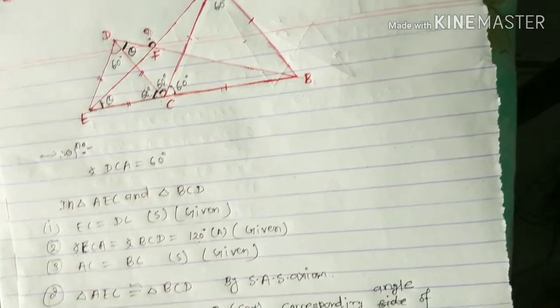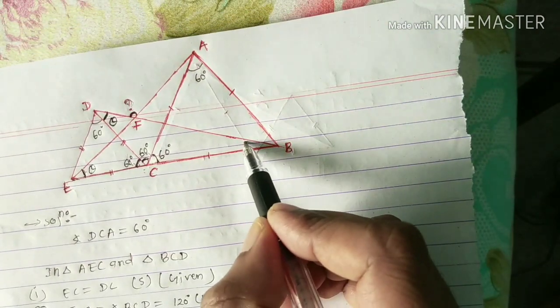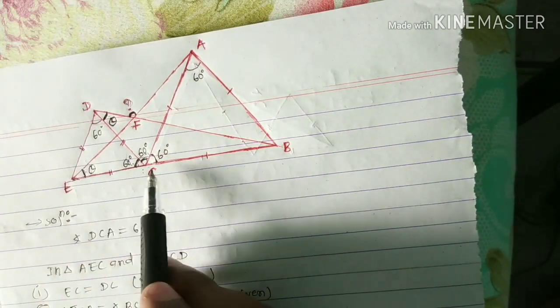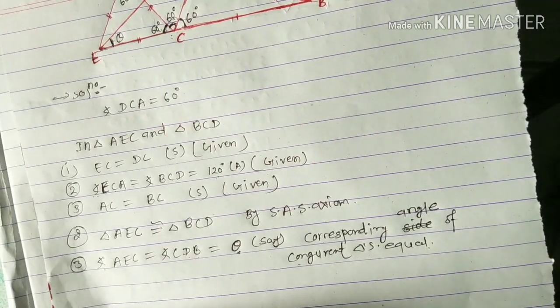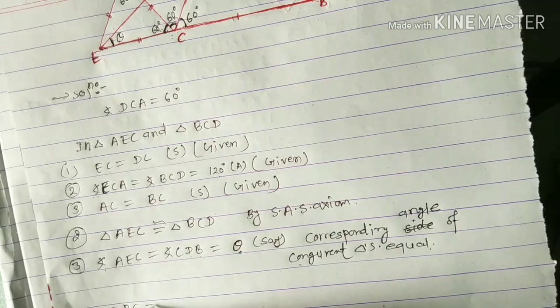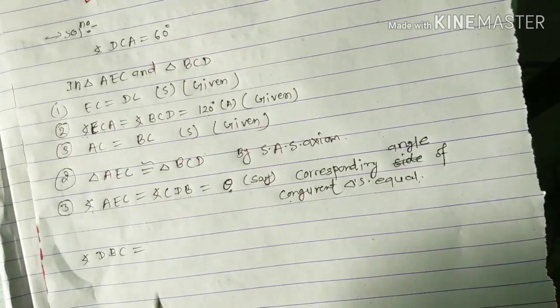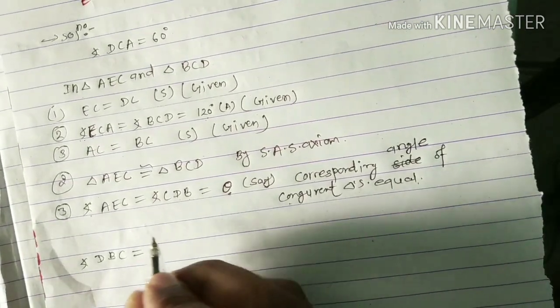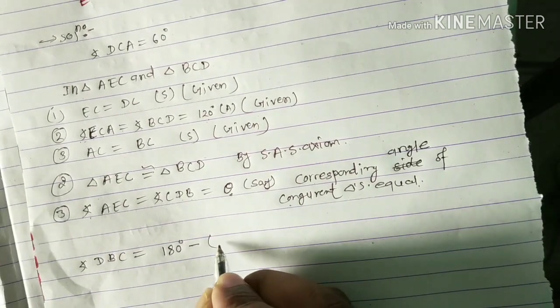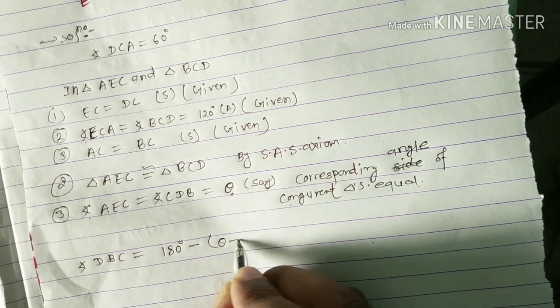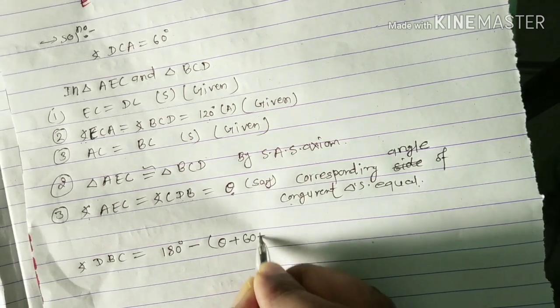Okay. Now we will find this angle. We will find the angle DBC. So if we find the angle DBC, then angle DBC is equal to 180 degrees minus (theta plus 60 plus 60).